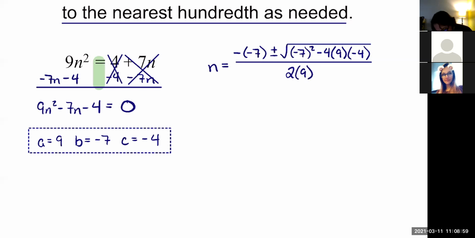And again, because we're reviewing, I'll go this extra little mile here. Anywhere we saw an A, we dropped our 9s. Anywhere we saw a B is where we dropped our -7s. Anywhere we saw C, we put a -4. Anything else that I didn't highlight, all of that information should have already been there because it's directly from the quadratic formula.